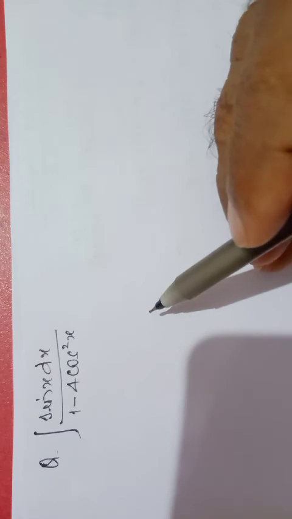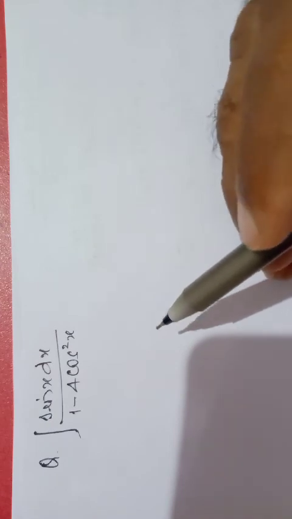Your first question is integrate sin x dx divided by 1 minus 4 cos square x.